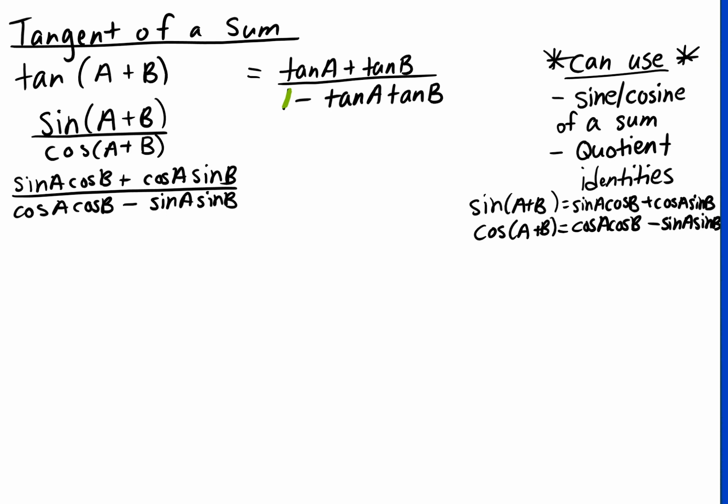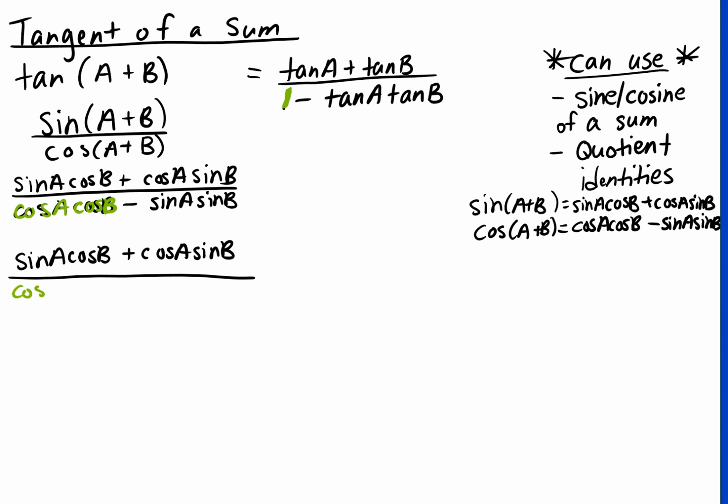And then our next step, we are going to focus on what I have highlighted in green. So we're going to look to change this cosine A, cosine B into 1. We're going to use this technique that we've already used. We're going to multiply the top and the bottom by something. Now in this proof, I'm going to show this in 2 steps, and then you can combine these 2 steps into 1 in the next proof if you feel comfortable. And if not, you keep going with this result.